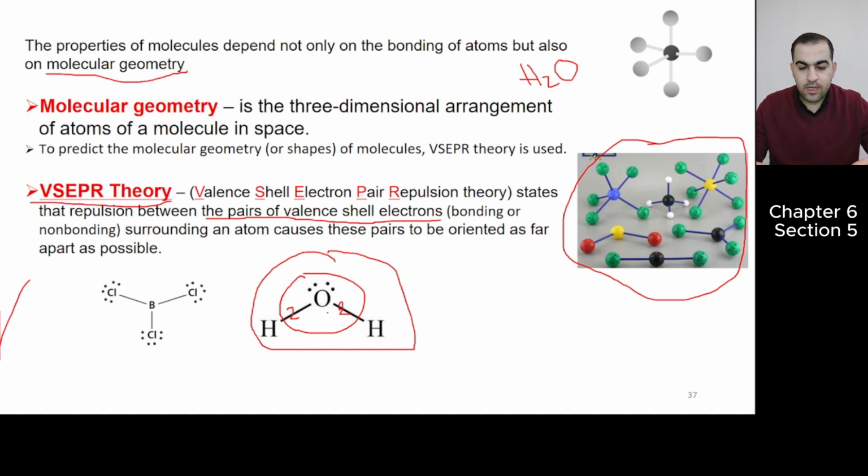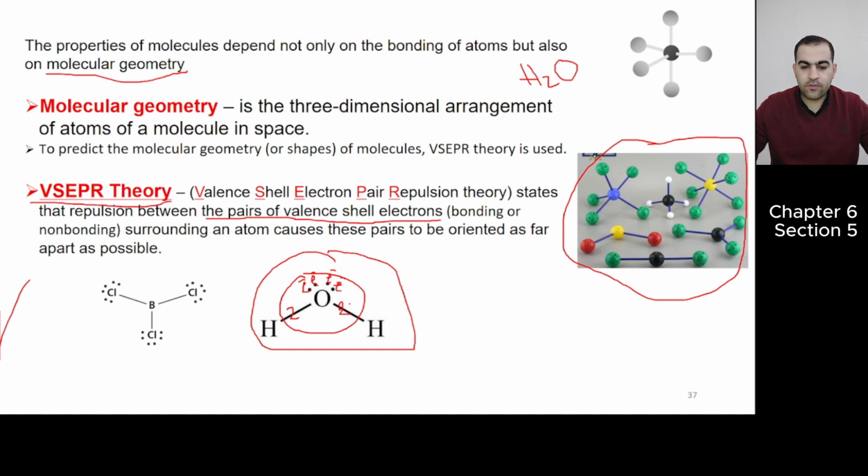This theory says that between these valence electrons, shared pair or unshared pair, there's repulsion, guys. These electrons are negatively charged. These dots represent electrons.